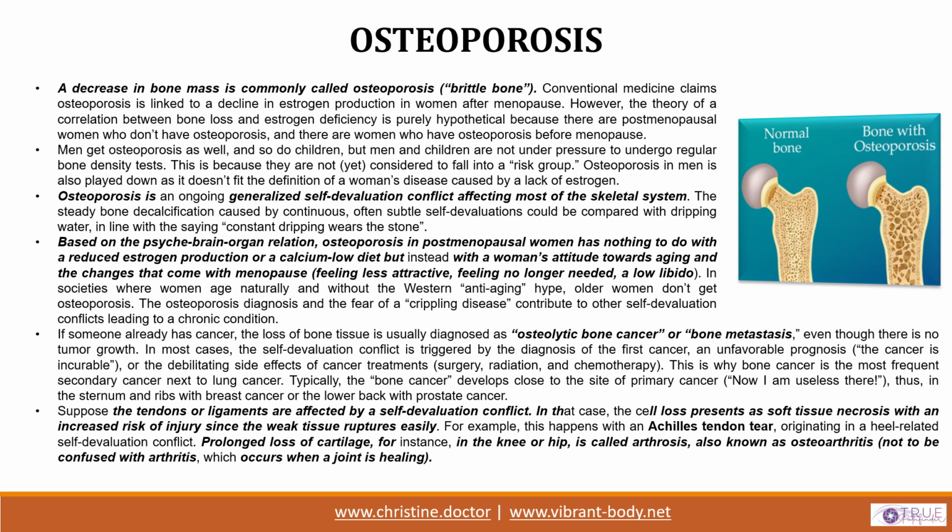Prolonged loss of cartilage, for instance, in the knee or the hip, is called arthrosis, also known as osteoarthritis, not to be confused better with arthritis, which occurs, as we've discussed, when a joint is healing.